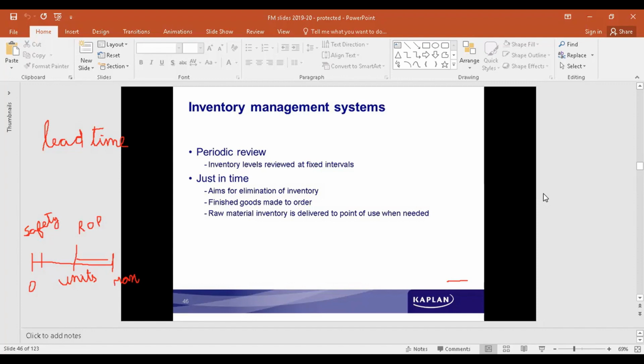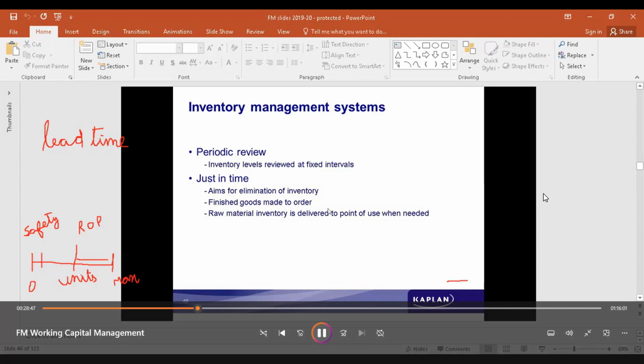This is called periodic review. In some systems, after every single transaction they verify what is the balance of inventory available in the stores department. That is perpetual: every transaction they verify what's the balance. Periodic review and perpetual review.